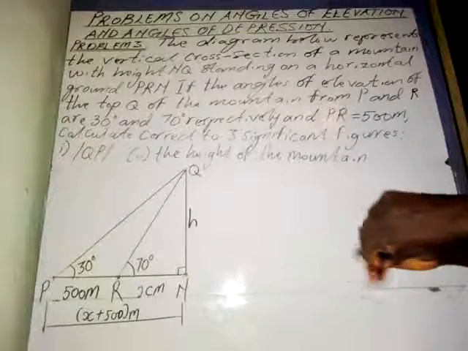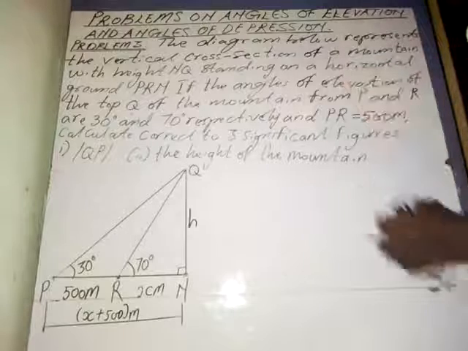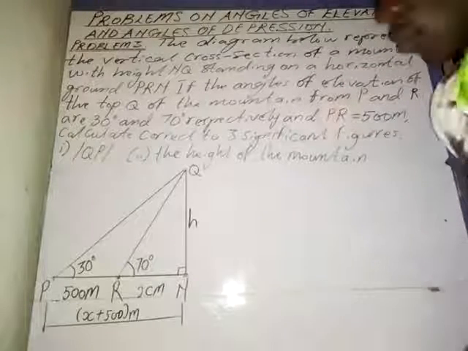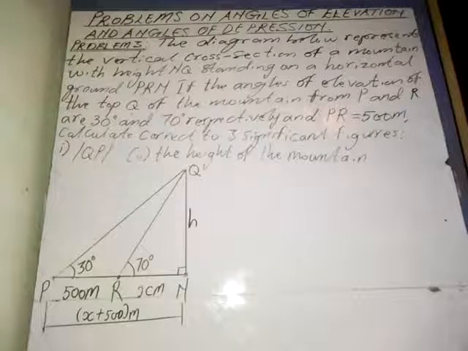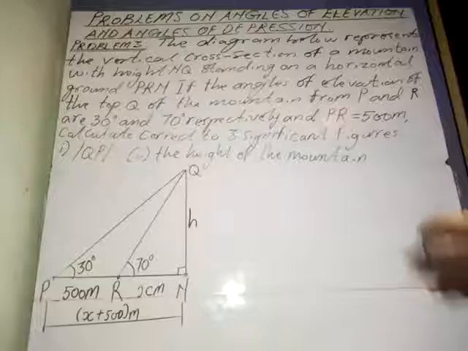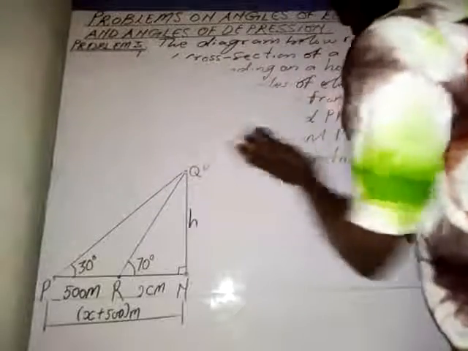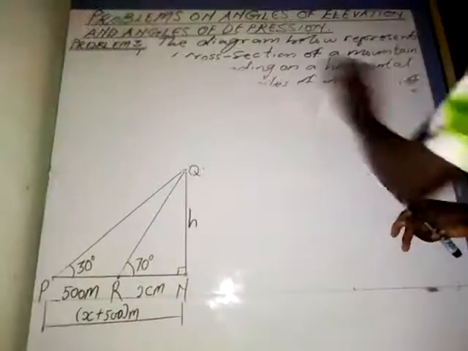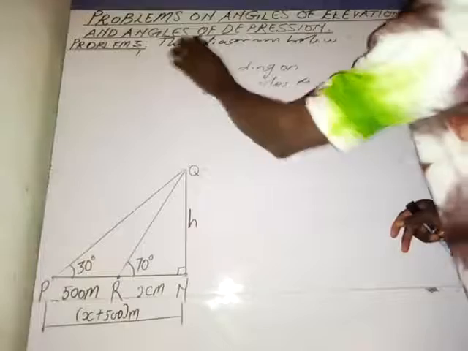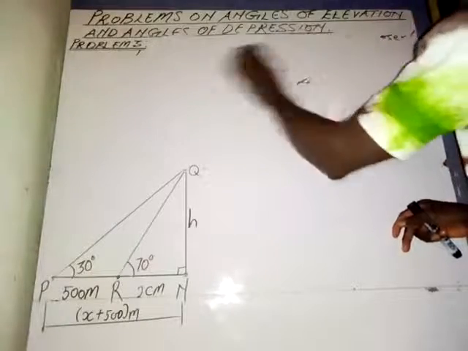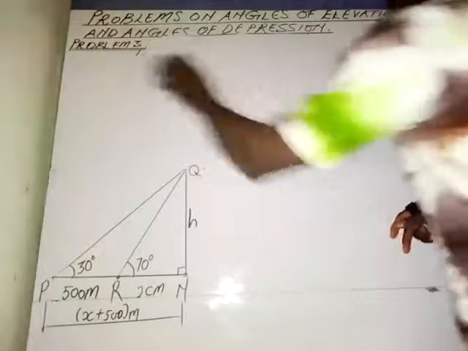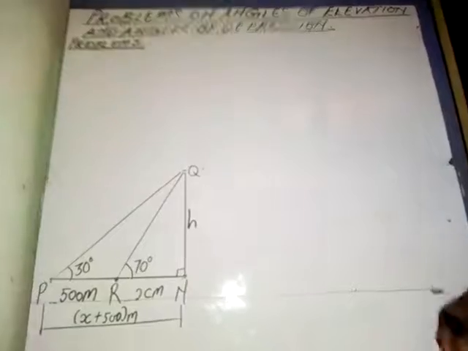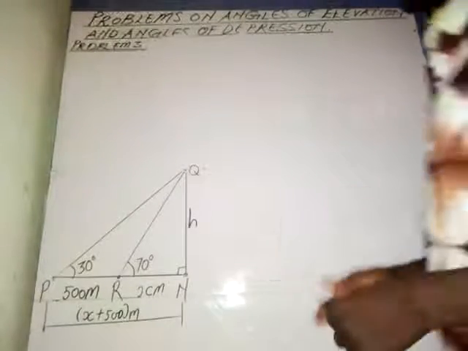Now, because of the space, I believe you have this question in mind. So I'm going to rub this off so that I can have enough space to solve the problem. Okay, now don't forget what you want to do.